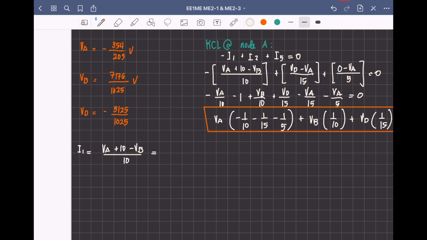That's equivalent to VA, which is negative 354 over 205 plus 10 minus VB, which is 7176 all over 1025 all over, okay, 10 ohms. And that gives us an answer which is 652 all over 5125 amperes.